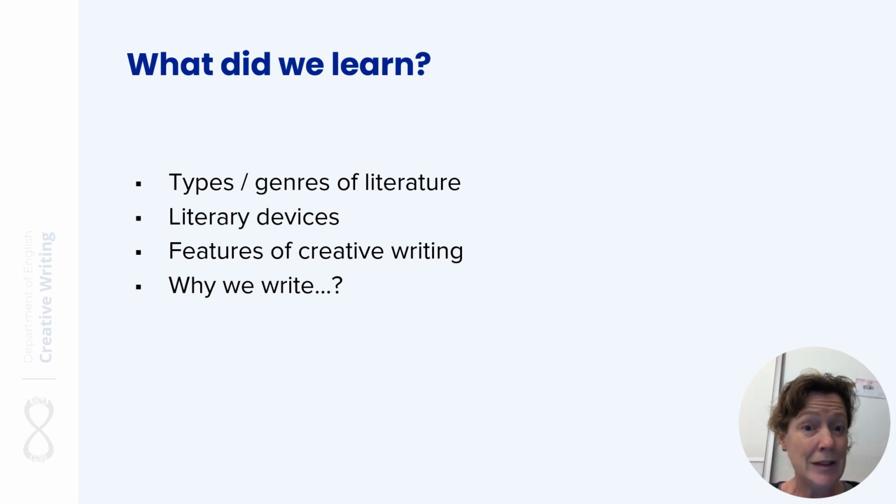We've looked at literary devices as the language tools that creative writing uses to make meaning beyond just communicating a simple message, to broaden perspectives, give people different perspectives. And finally, we've looked at things like a voice and why we write. Are we writing for ourselves or for an audience, or are we doing both? And we looked at Anne Frank as an example of this.